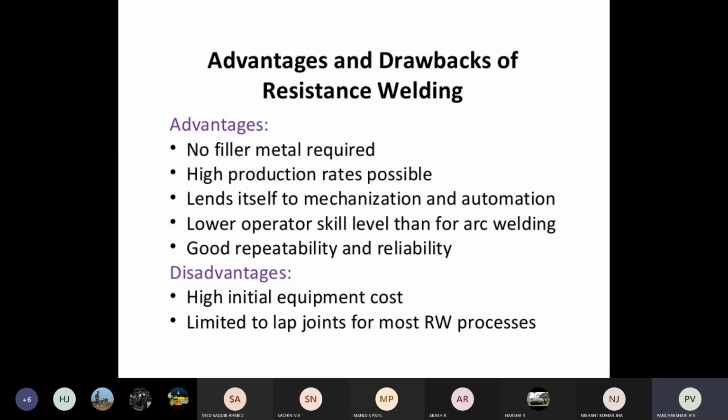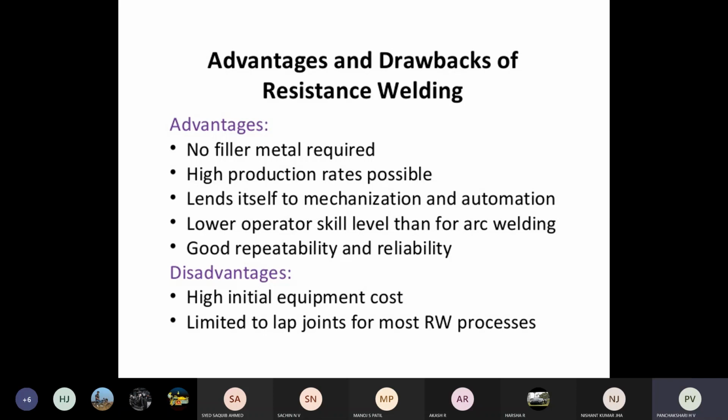For example, in atomic hydrogen welding and tungsten inert gas welding, we use additional filler material. But in metal inert gas welding, we do not use any additional filler material; the electrode itself is the filler material. So sometimes filler material may be required, sometimes not. But in electrical resistance welding, no filler metal is required.